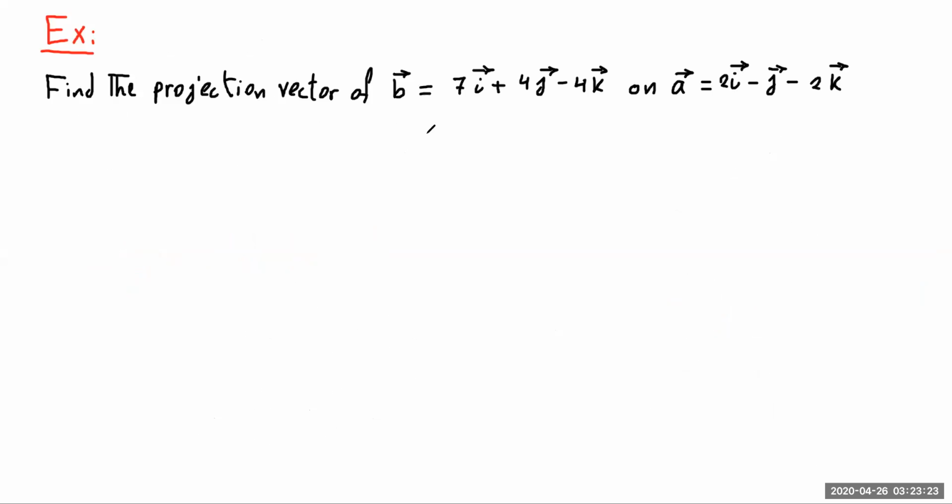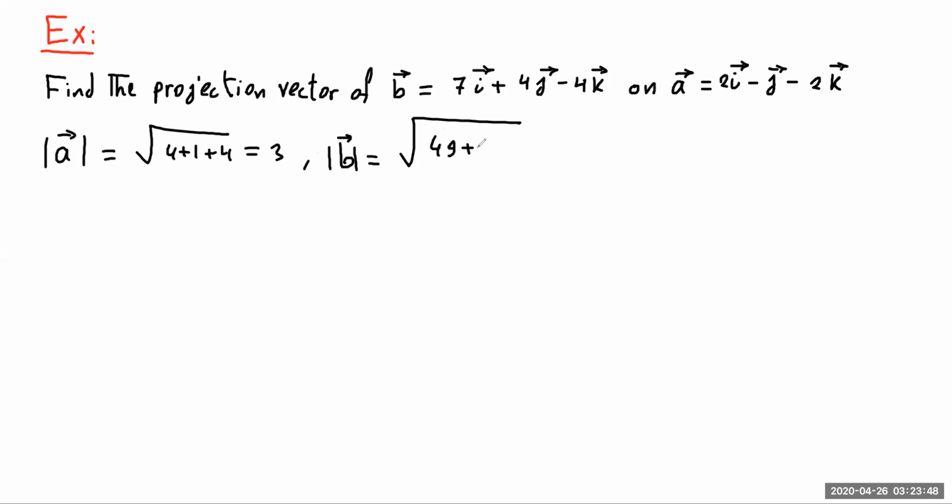Exercise, find the projection vector of B on A. So let's calculate the length of A. What is the answer? It's root 4 plus 1 plus 4, root 9 is 3. What is the length of B? It's root 49 plus 16 plus 16, 32, so root 81.